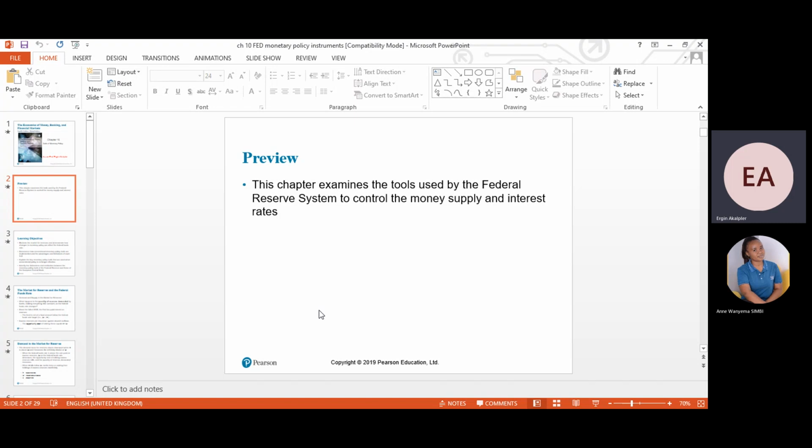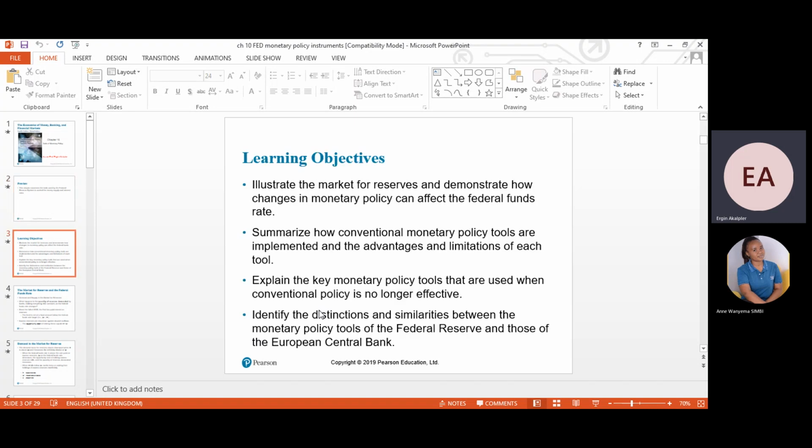We know the Fisher equation, which is directly related with the real interest rate: the real interest rate should be equal to the nominal interest rate minus inflation, so that the real interest rate is balanced, for not losing the value of the reserved amount of money in the system.